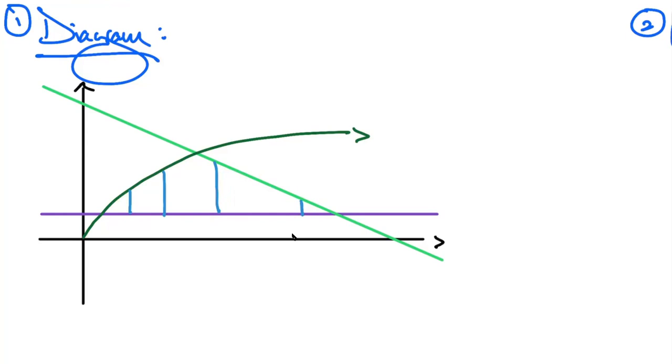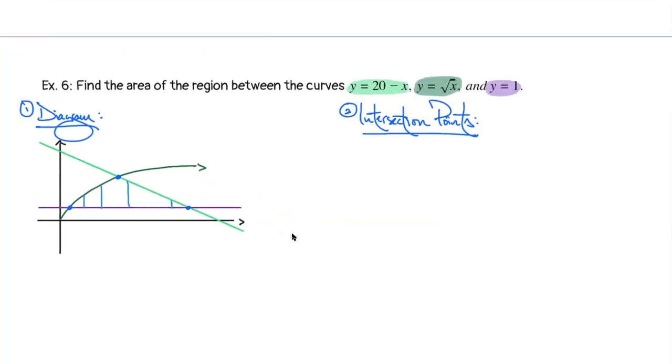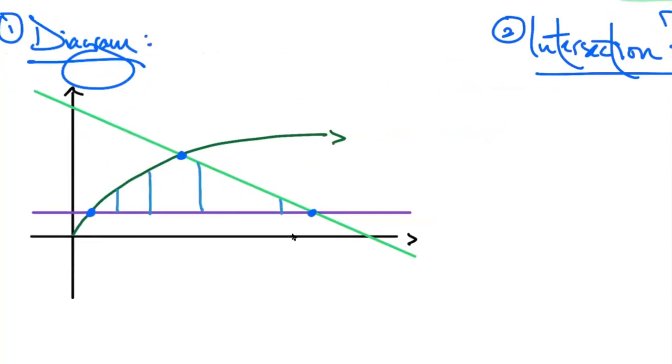In particular, we're going to find this one, this one, and this one. Do not be overwhelmed. We're just going to take that process that we looked at earlier and expand upon it. So the first thing I want to do is find the intersection of this dark green and the purple.